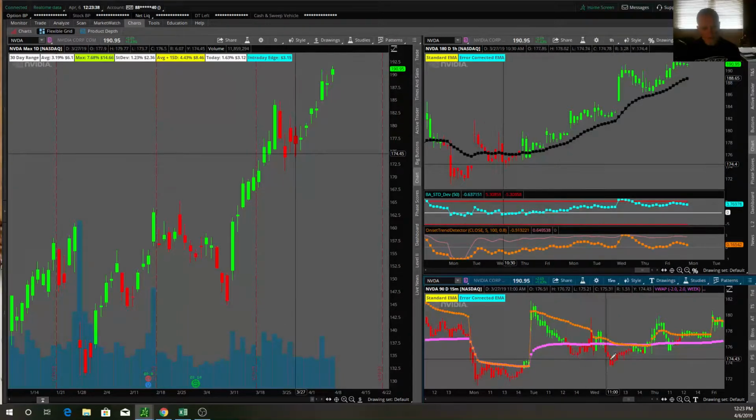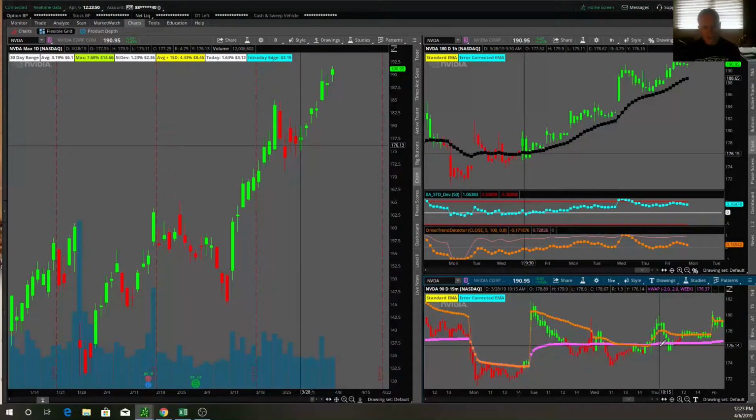That happened right there. I'm probably just going to come out of this trade. It's not setting up the way I want it to. Now, that happened to be the low of the move, but you're going to have things like that happen. So I just want to get in and stay above that.